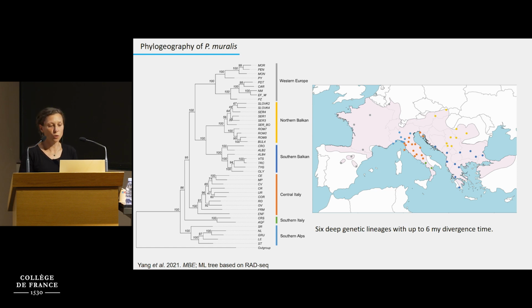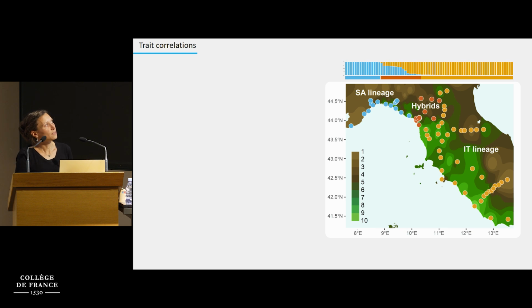So it's a really, really old divergence, and these lineages, within one species, are in secondary contact exactly in our study region. So now you can appreciate that it's actually quite surprising that the phenotype, the greenness here, is not only present within one lineage, but it has spread over a hybrid zone into a second lineage as well.